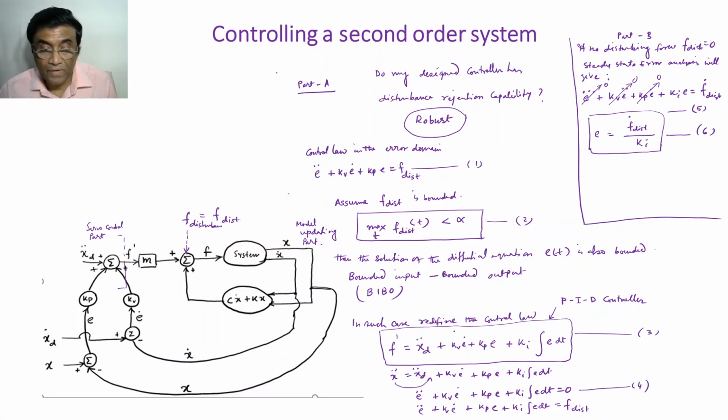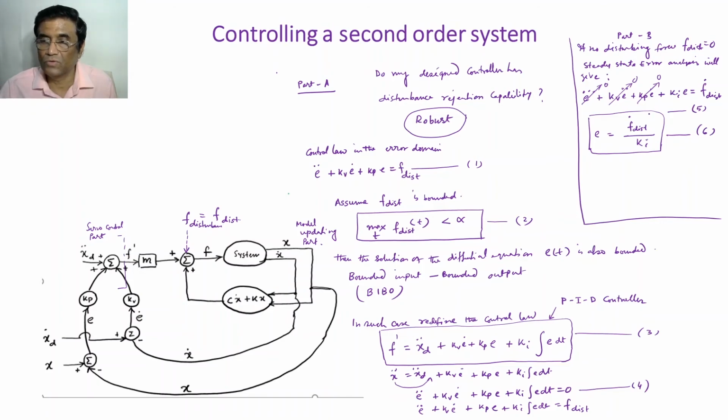So if the system is encountering a constant disturbing force, by virtue of designing, by virtue of putting another term Ki integration e dt, which is PID control, you are able to make your steady state error equal to 0 if this is constant, because the differentiation of the constant term will be 0.